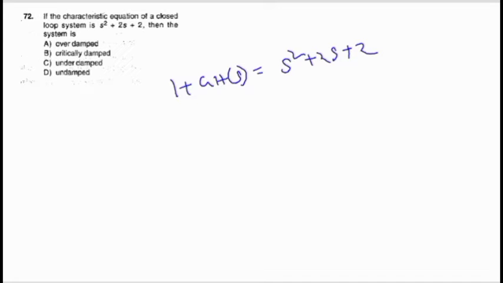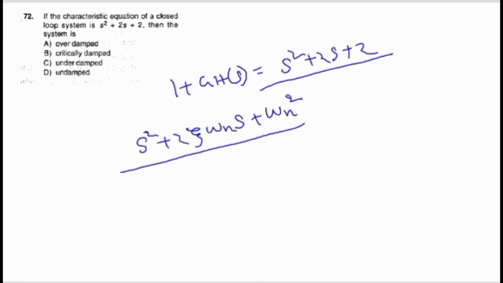This is a second order characteristic equation, and we know that the second order characteristic equation can be written as s square plus 2 zeta omega n s plus omega n square.